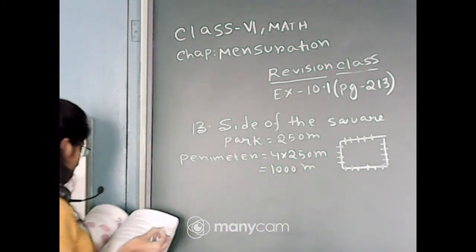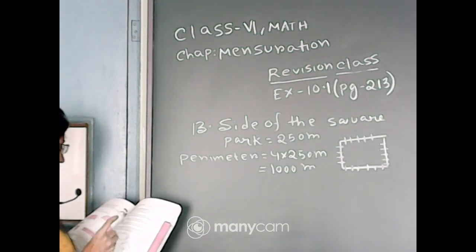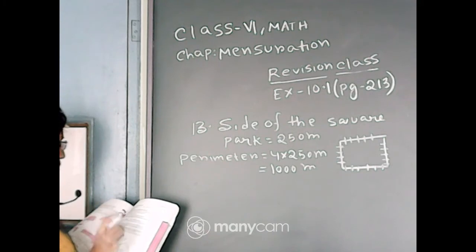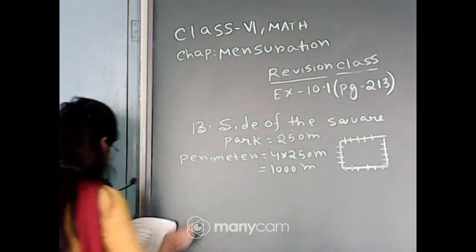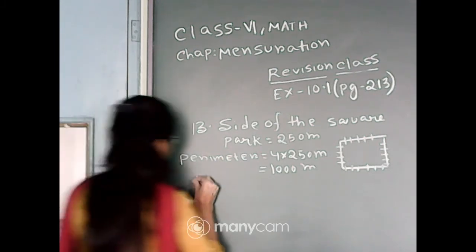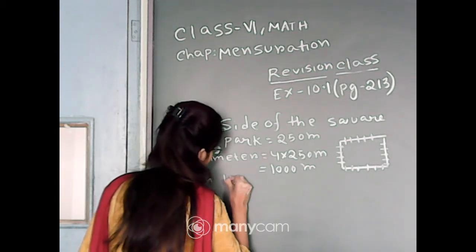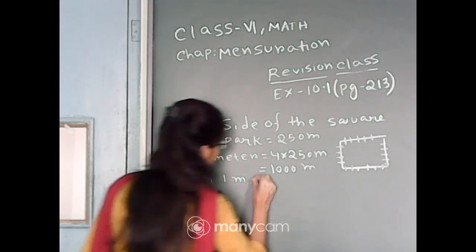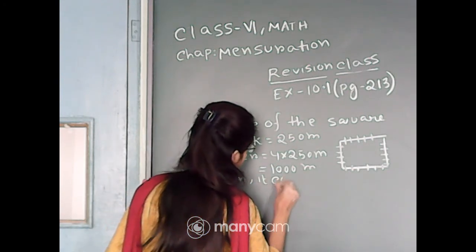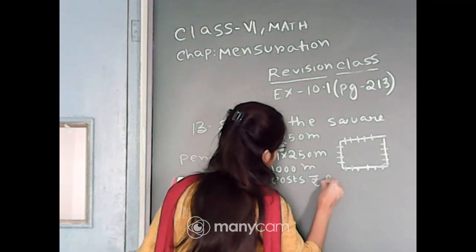Now, it is given that in 1 meter it costs rupees 20. We have to find out the cost of fencing the square park at the rate of rupees 20 per meter. So, in 1 meter it costs rupees 20.